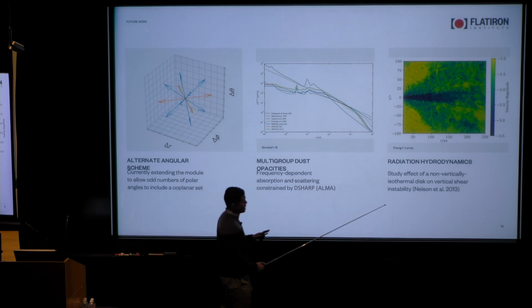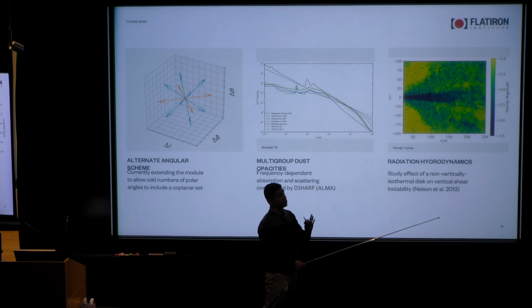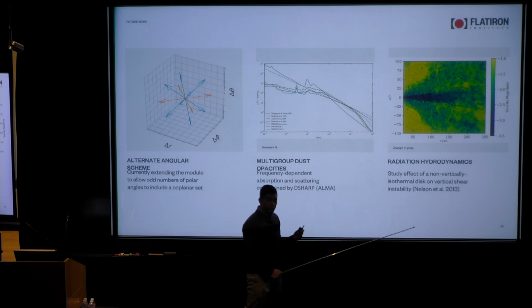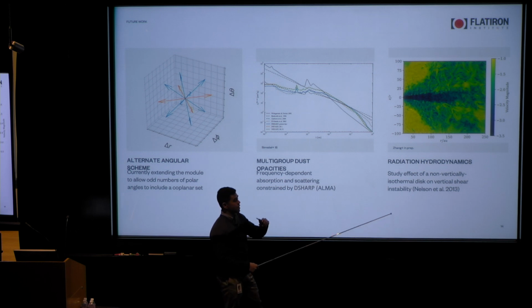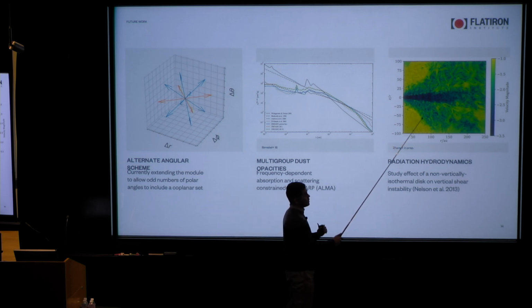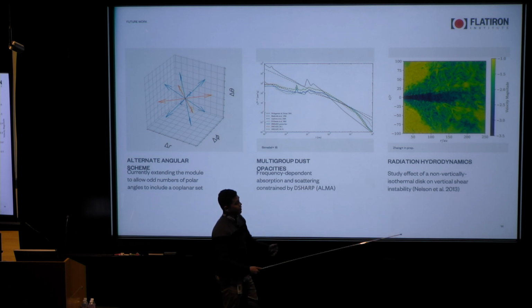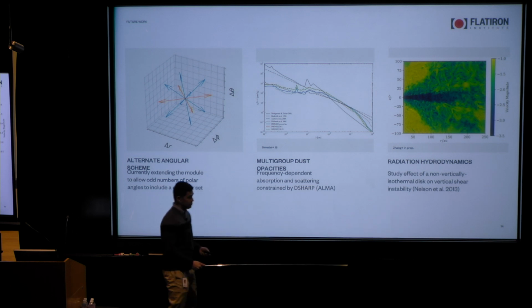And then finally, do the full radiation hydrodynamic simulations, for example, to study the effect of a non-vertically isothermal disk on something called the vertical shear instability, which naturally arises from the angular velocity gradient in the vertical direction, since the surface layers of the disk will rotate slower than those at the midplane, which leads to turbulence and thereby affects various aspects of planet formation.